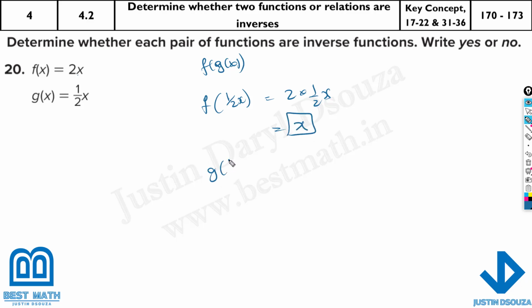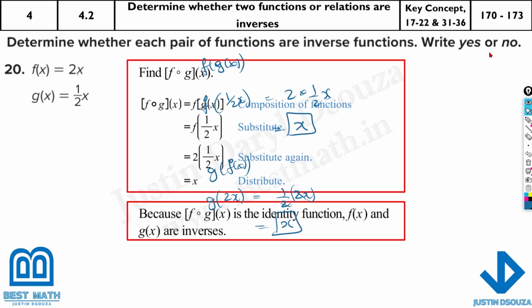Same thing, g of f of x, and we have g of 2x, that is equal to half times 2x, and that's going to cancel off, and the answer is x. Yes, they are inverse of each other. Please do write that statement. Yes, the pair of functions are inverse, or you can say they are inverse functions.